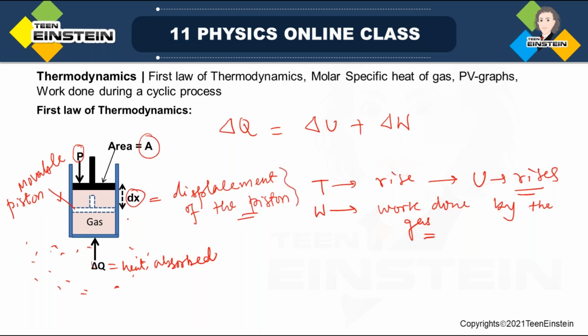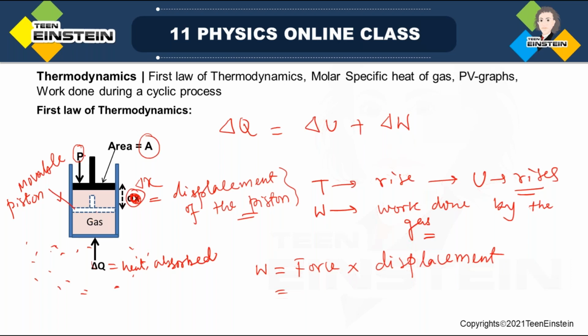So then calculate the work done by the gas. We know work done means force into displacement. What is the displacement over here? That is dx. Or we wrote delta here, we should have written delta x. Let it be delta x. What is the force here?